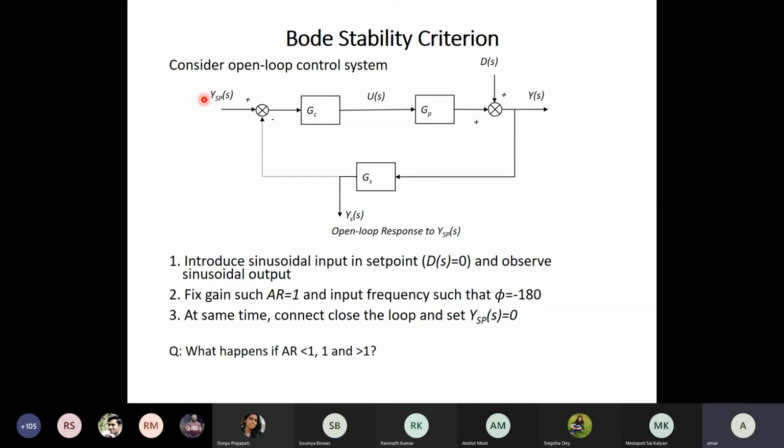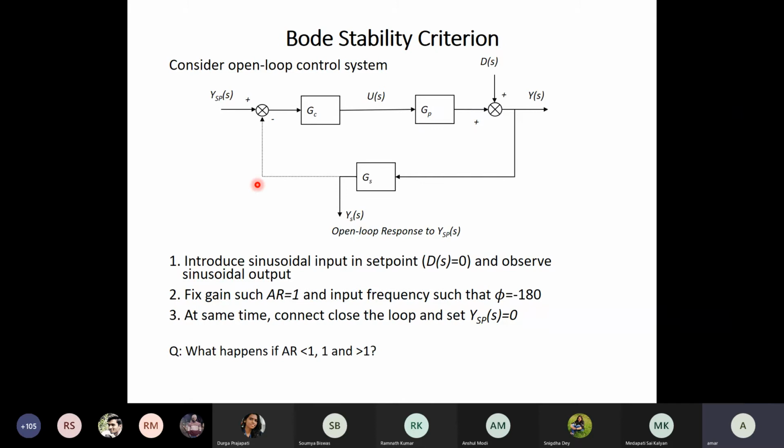And I give a sine omega t in the YSPS. That means I give an input sine wave in the YSPS. If I give a sine omega t over here, then YS will be AR sine omega t plus phi. So amplitude ratio into sine omega t plus phi, because this is the total process.